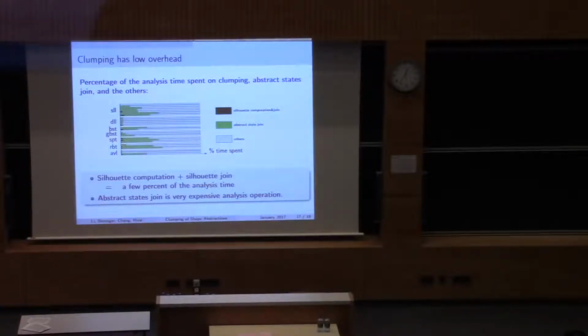Abstract state join, which is shown in the green color, is a very expensive analysis operation. In the worst case, it takes about 50% of the analysis time. Therefore, we conclude clumping has low overhead, and compared to abstract join, silhouette computation and silhouette join is a very cheap operation.